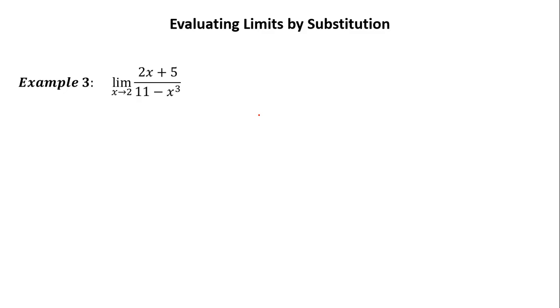Okay, so we don't have to try another method to simplify the rational function. So this one is equal to 2 times 2 plus 5 divided by 11 minus 2 raised to 3. So we have 4 plus 5 over 11 minus 8. So this is equal to 9 divided by 3. So the final answer here is 3.